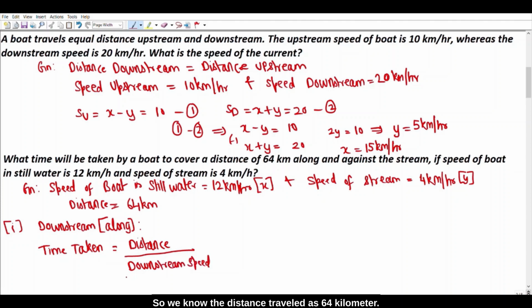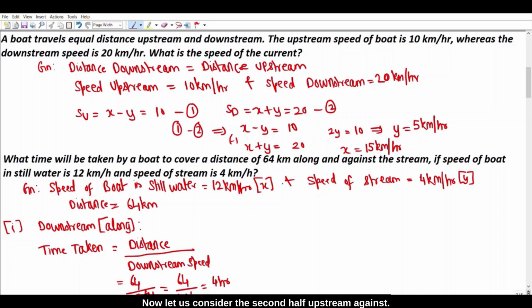So we know the distance traveled as 64 km. Downstream speed can be given as x plus y. Therefore 64 divided by 12 plus 4, which will give 4 hours. Therefore the boat takes 4 hours to cover a distance of 64 kilometers along the stream.